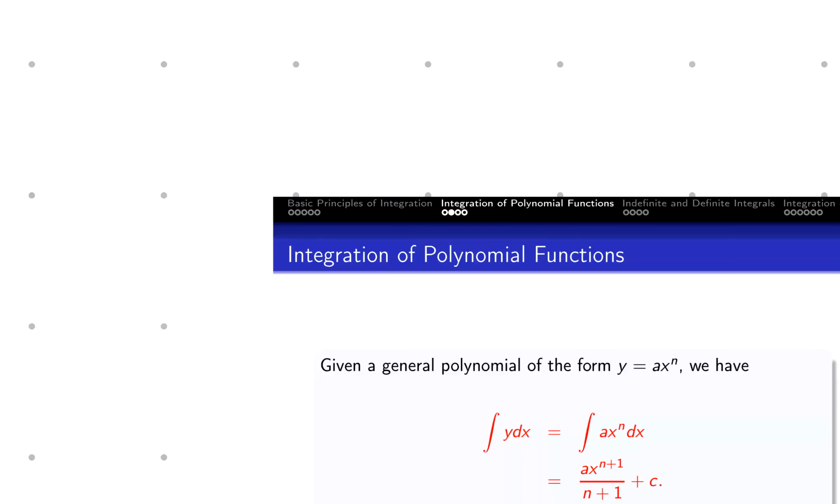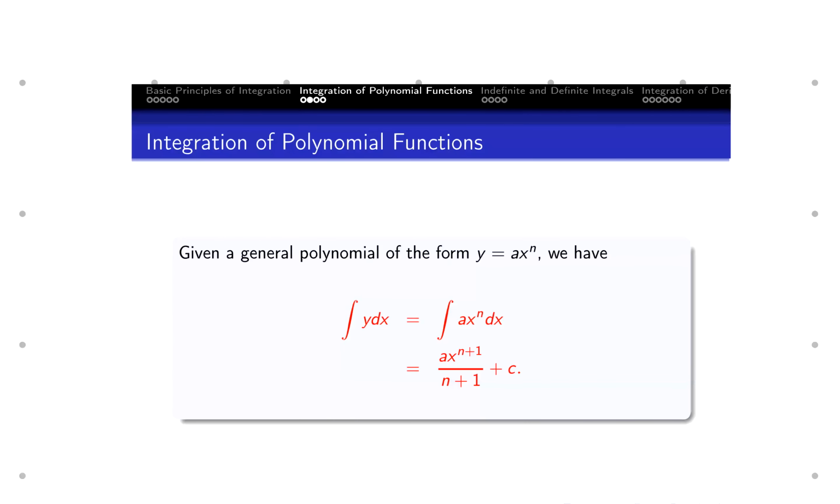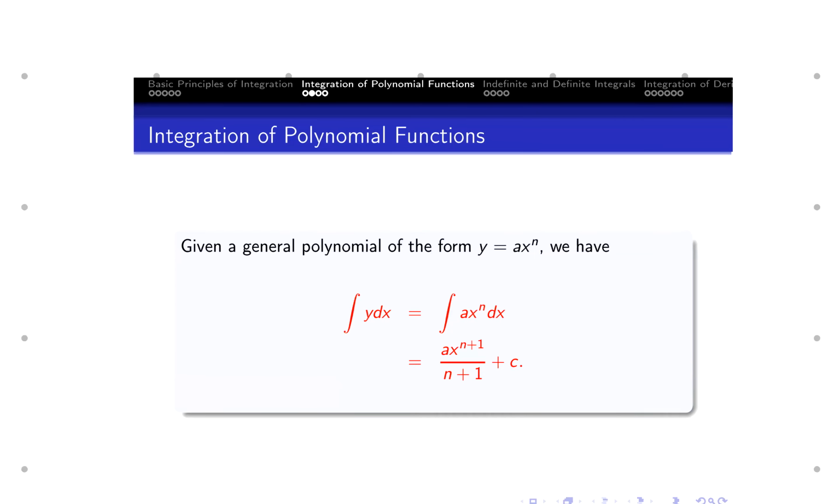In my first video on integration, we saw integration as anti-differentiation, and we discovered that if you have an original function y and you differentiate it, you get a particular derivative. By the time you integrate that derivative, you get back the function you started with. So now let's see the rule that we applied in doing that.